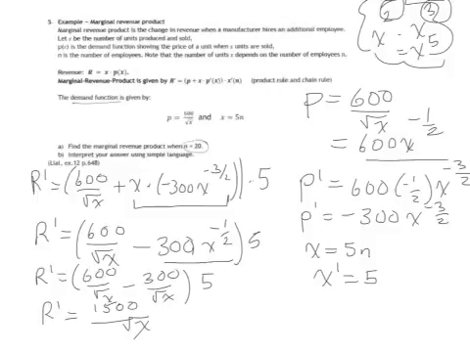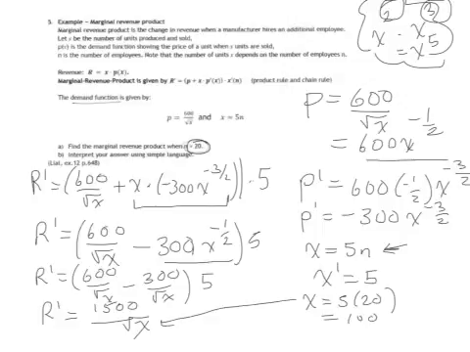And at this point, I'm going to be looking at what the x value is here for substituting. So we're told that x equals 5n right here. We're told that n equals 20 here. So x is going to be 5 times 20, or 100. So now we're going to substitute x is 100 into the marginal revenue product function. We're going to determine a value. We're going to do that on the next page.